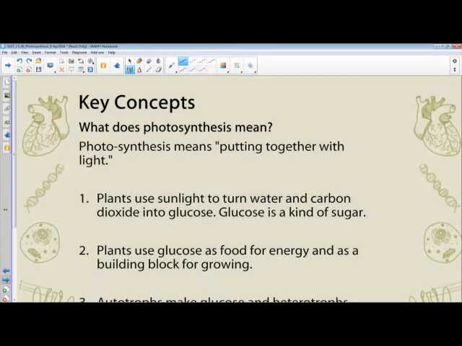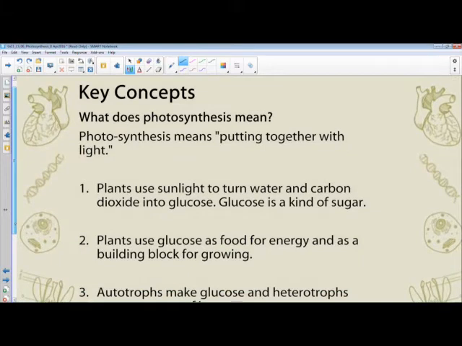So guys, what does photosynthesis mean? Let's break up the word and look at what it actually means. Photo meaning light, and synthesis refers to the process of synthesizing or putting things together. So essentially the concept is using light to put chemicals or molecules together. Plants use sunlight to turn water and carbon dioxide into glucose.